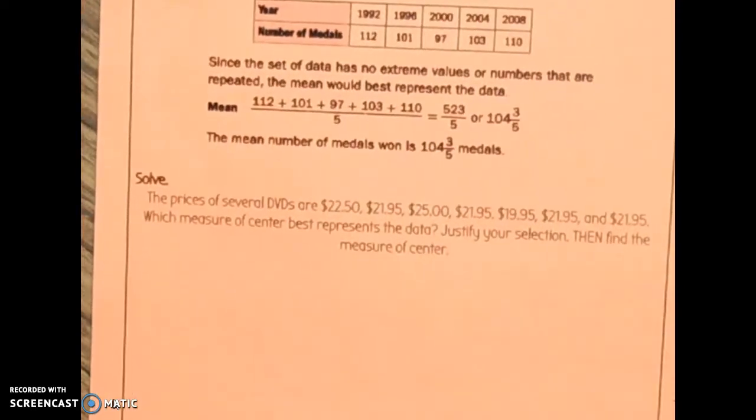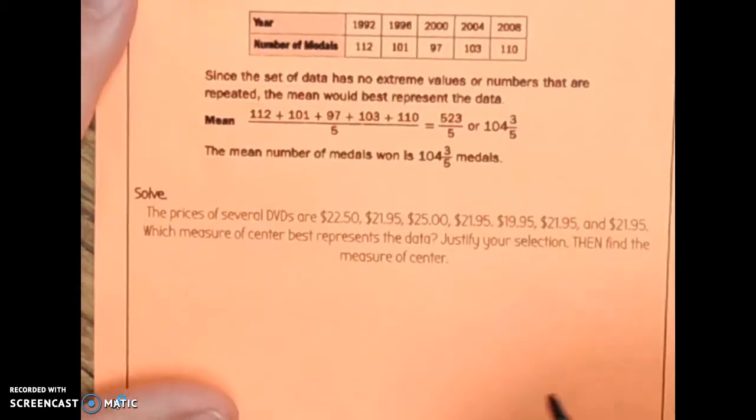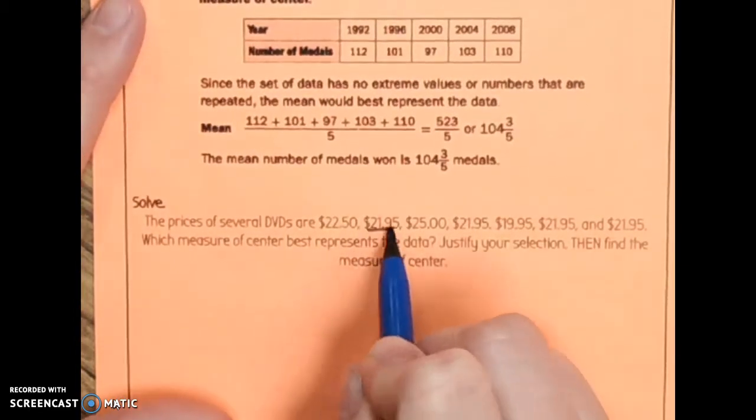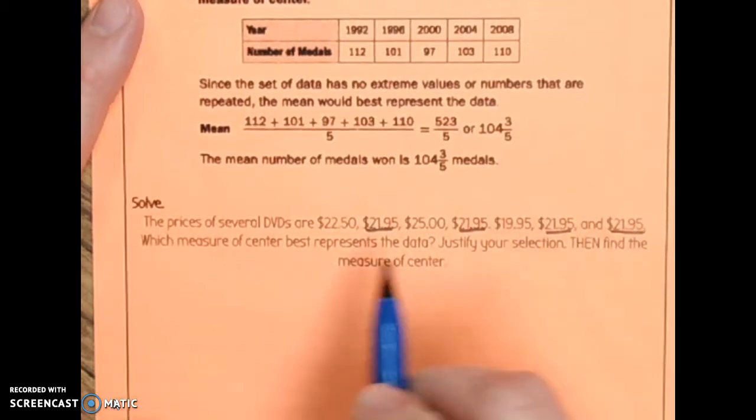Now let's take a look at this one. It says the prices of several DVDs are $22.50, $21.95, $21.95, $19.95, $21.95, and $21.95. Which measure of center best represents the data? In this case, it's going to be mode because $21.95 is repeated 4 times.